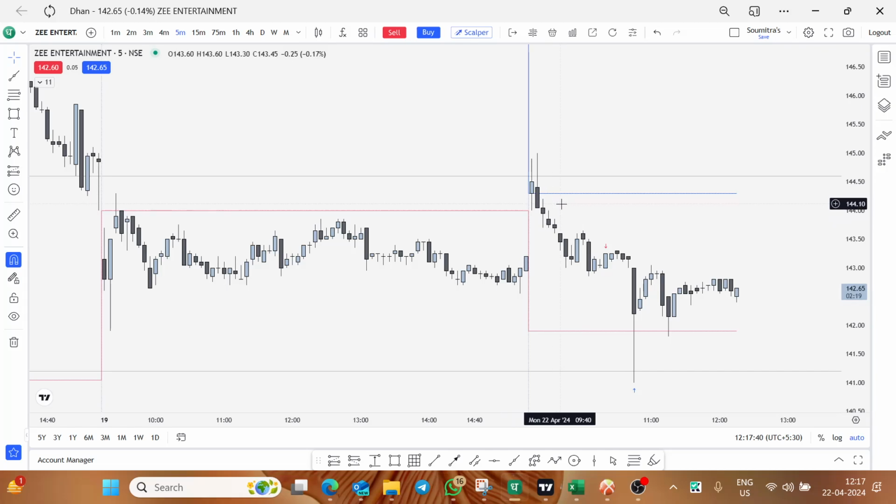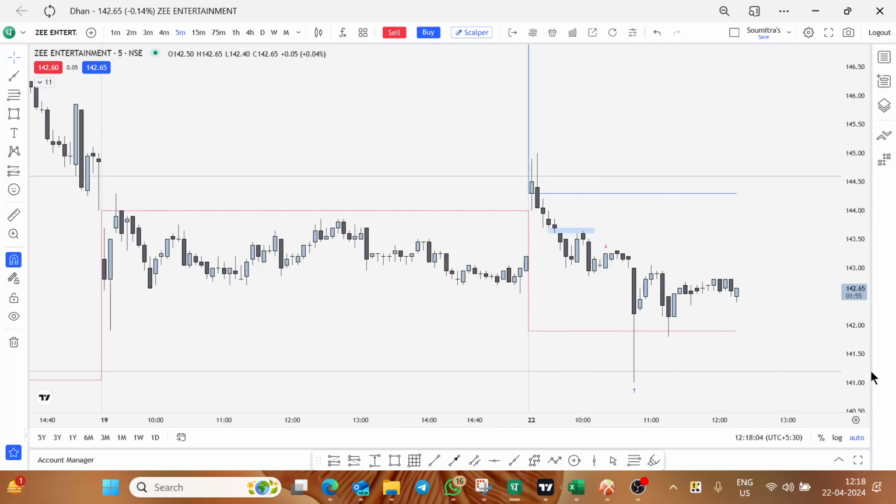I was monitoring this, but there was no clear inefficient delivery here. So all the areas were efficiently traced by price only until this point, where we get our first fair value gap.